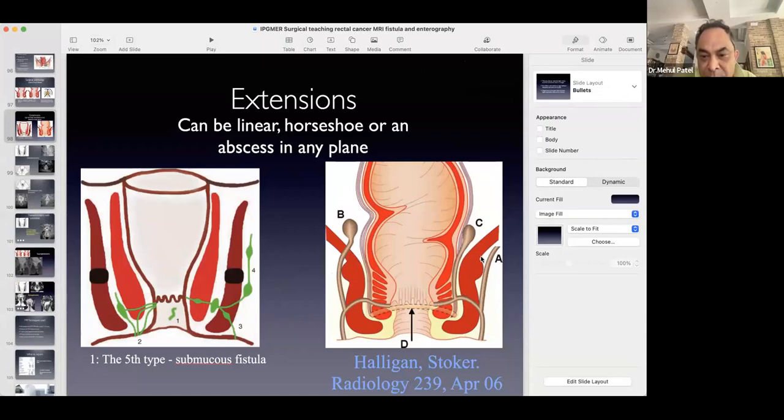If it is above the line of the lower one third, then it is high.